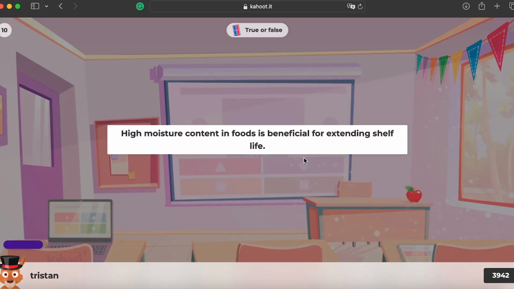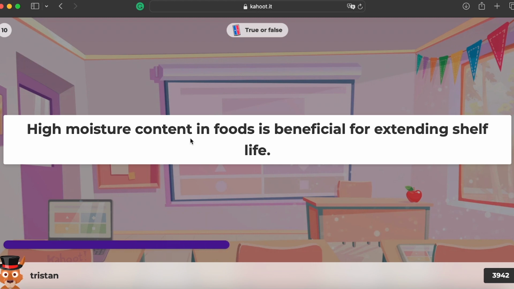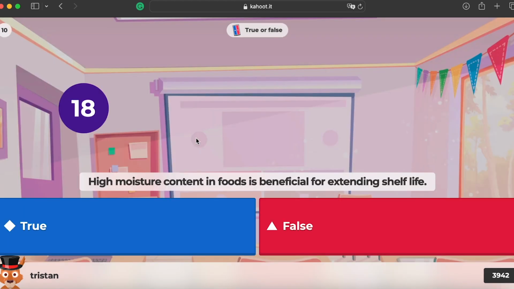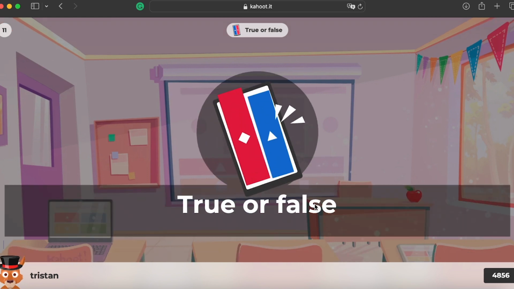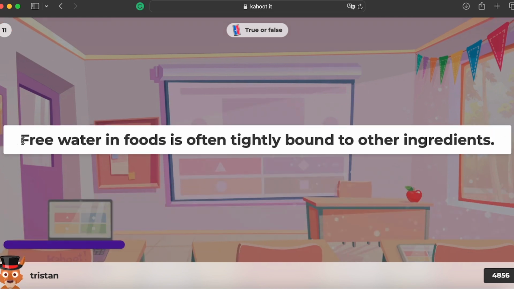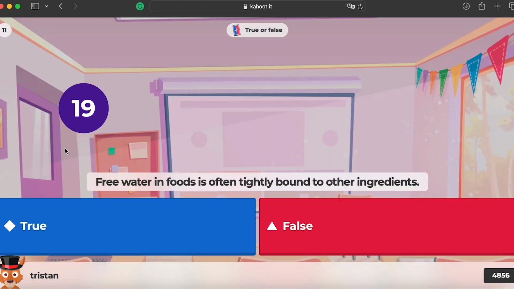Yes. Number 10. High moisture content in foods is beneficial for extending shelf life. No, not high moisture, low moisture. Free water in food is often tightly bound to the other ingredients.